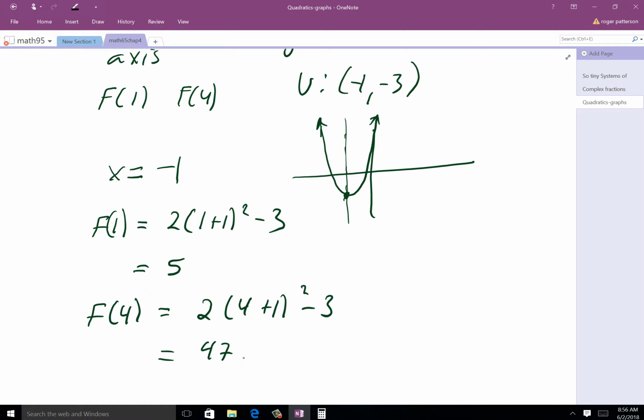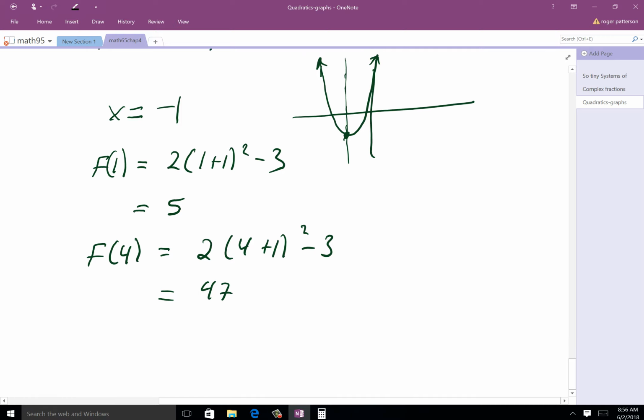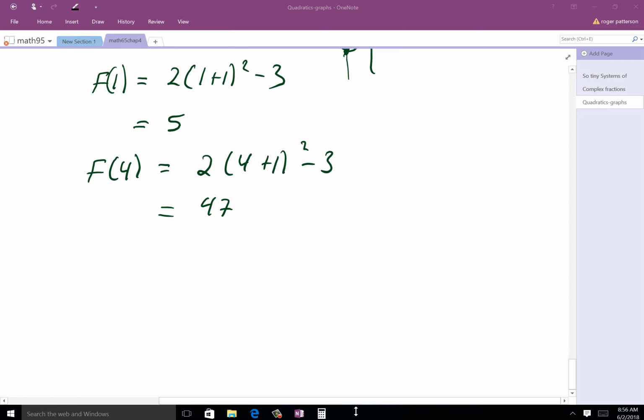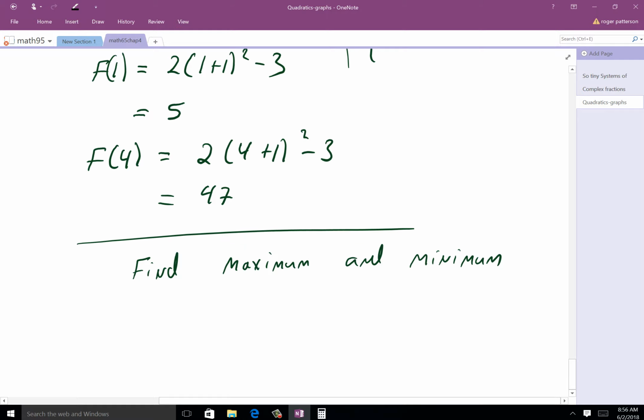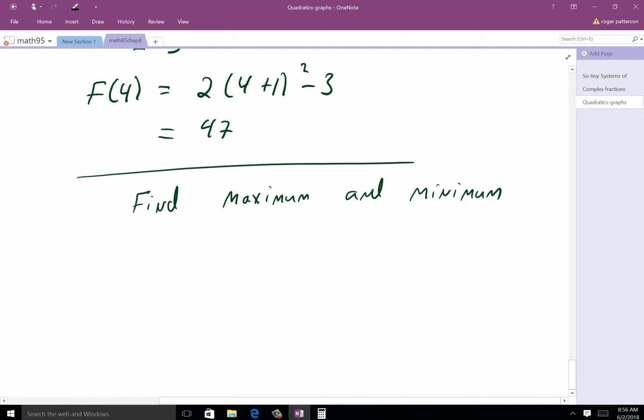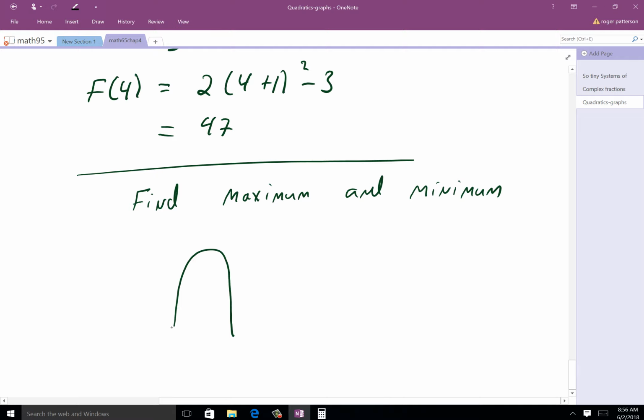The other things they're going to have you do, and then I'm going to give you a break here, is find the maximum and minimum. They talk about a maximum and a minimum. But here, let's look at this. It doesn't really matter where the axes are.